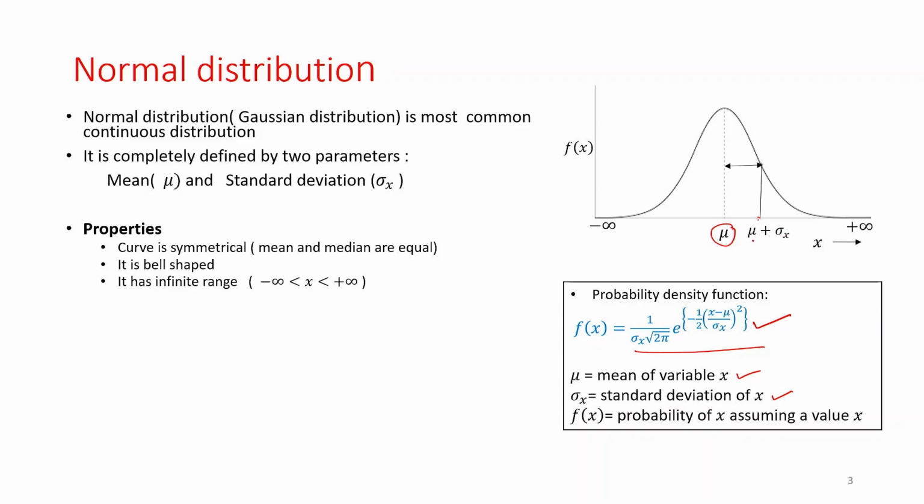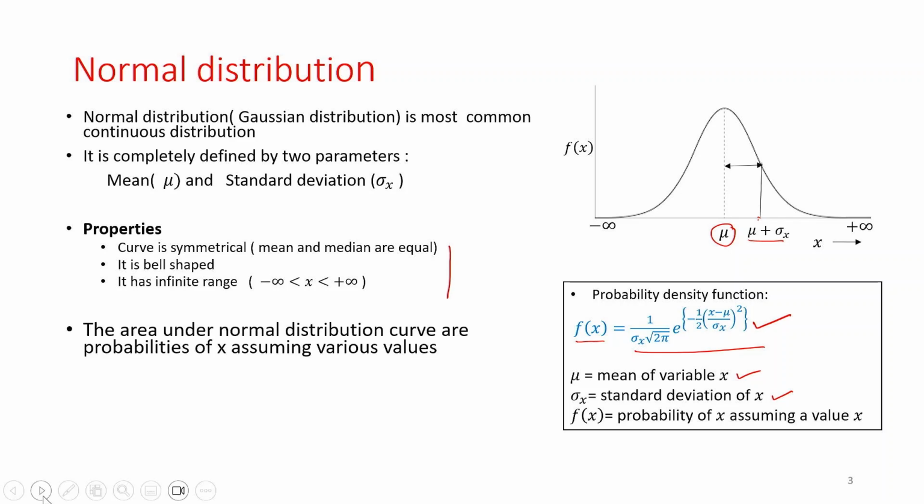So this point is therefore mu plus sigma_x. And f(x) is the probability distribution function. Theoretically, the curve goes to the left hand side towards minus infinity and to the right hand side to plus infinity. So these are the important properties of the curve which you must remember.